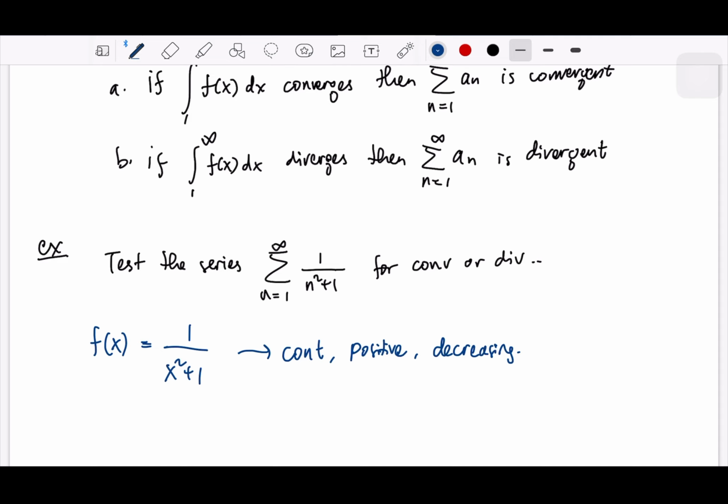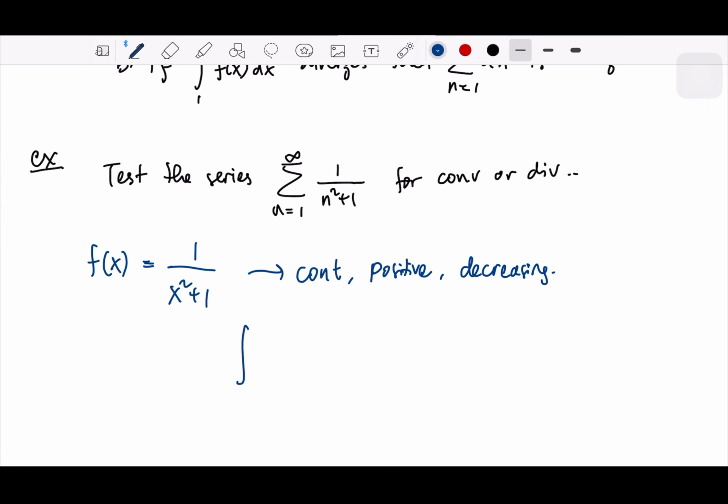After you find that it's a continuous, positive, decreasing function, we can check through the integral. We can solve it by improper integral. If you still remember, we can use the limit to solve.